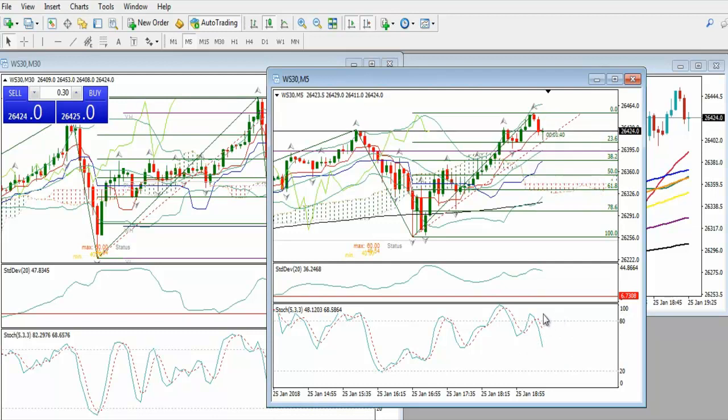Another interesting thing here is, as you can see, the stochastic here was higher, but it was a lower high than this one. Whether this is a higher high than this one here, maybe at this point we have a small trend change or a retracement. We're always talking about retracements.